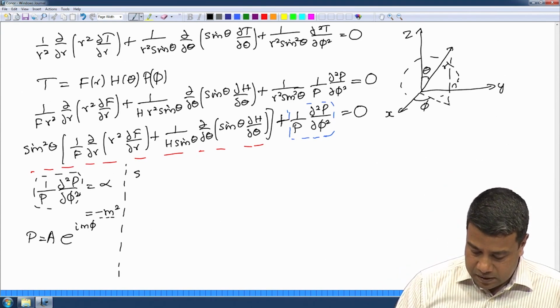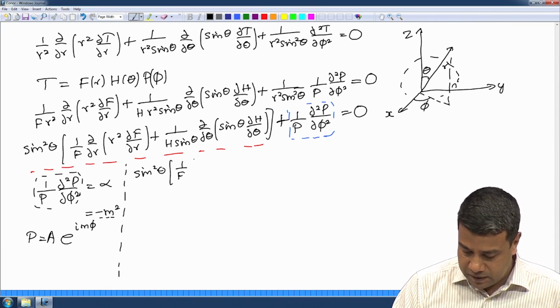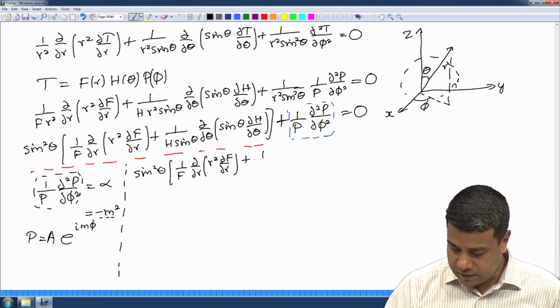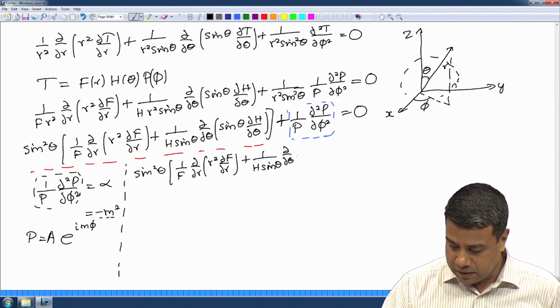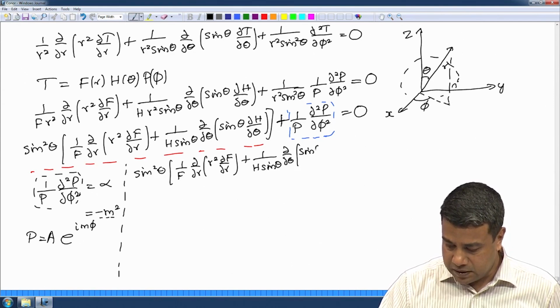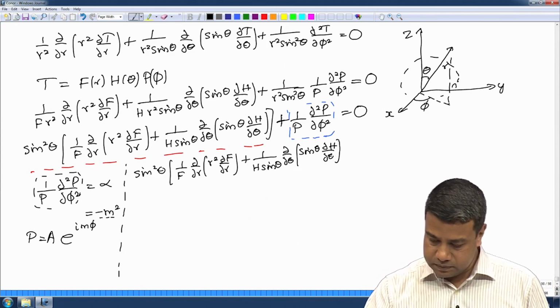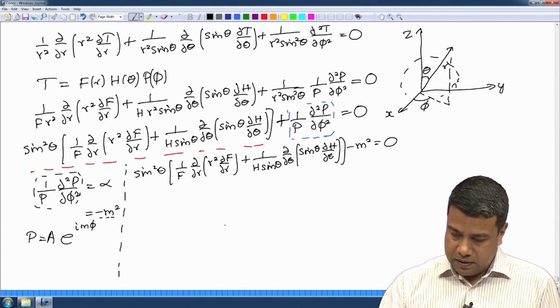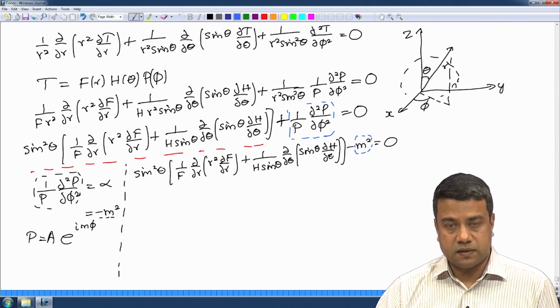I know that sine square theta into 1 over f d by dr of r square df by dr, plus 1 over h sine theta d by d theta of sine theta dh by d theta, minus m square has to be equal to 0, because this was equal to minus m square, where m is an integer.